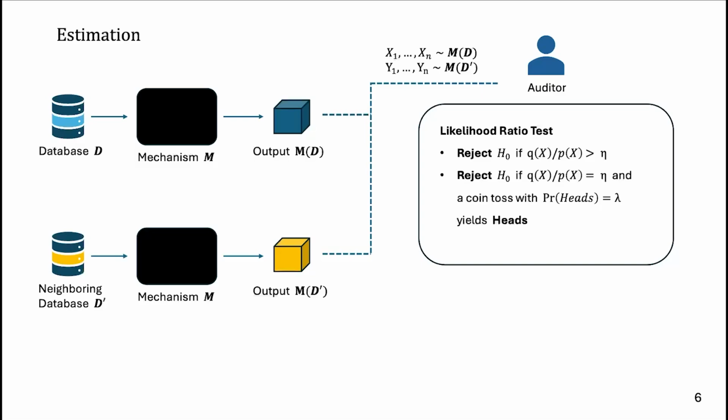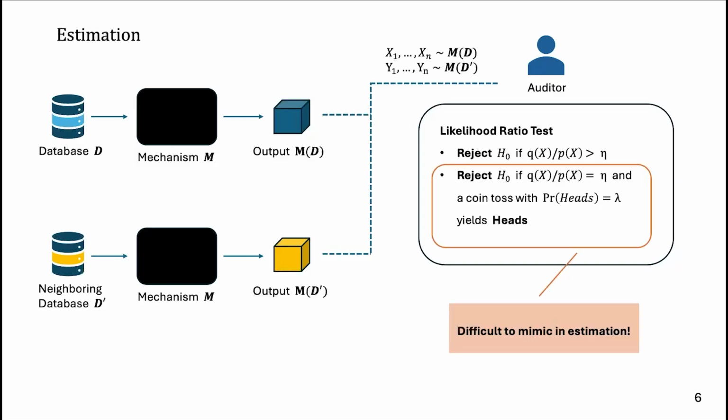However, it turns out that certain parts of our likelihood ratio tests are difficult to mimic in estimation. And this especially concerns the part where we decide whether to reject the hypothesis with the help of a coin toss. The reason for this is that even though our approximations of Q and P might be accurate, the ratio of our estimates itself will usually not be equal to this threshold eta.